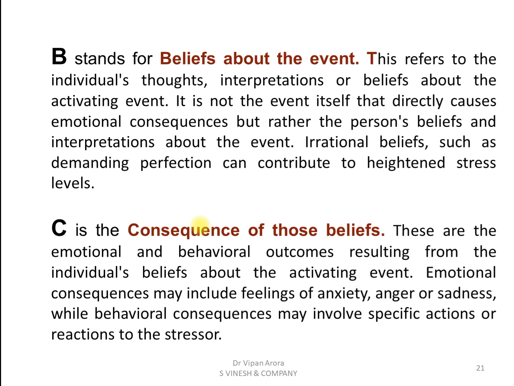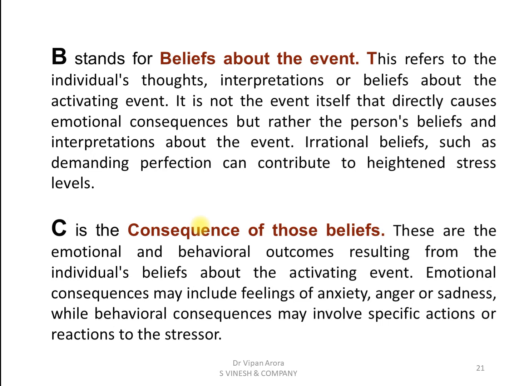And C in this ABC model refers to the consequence of those beliefs. What are the consequences of those beliefs? Behavior and emotional outcomes. From where? From individual beliefs, B. Behavior and emotional outcomes resulting from individual beliefs about an A activating event. I again repeat this. Consequences of those beliefs.